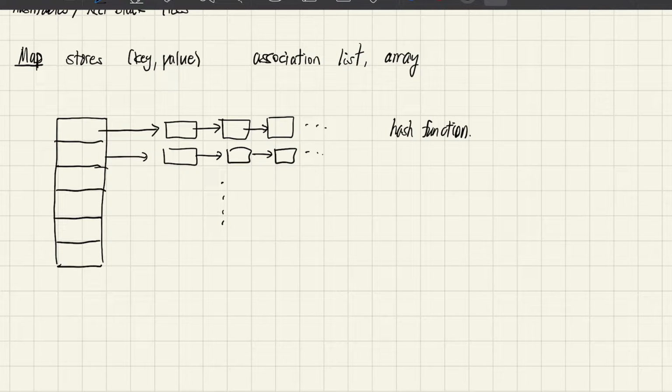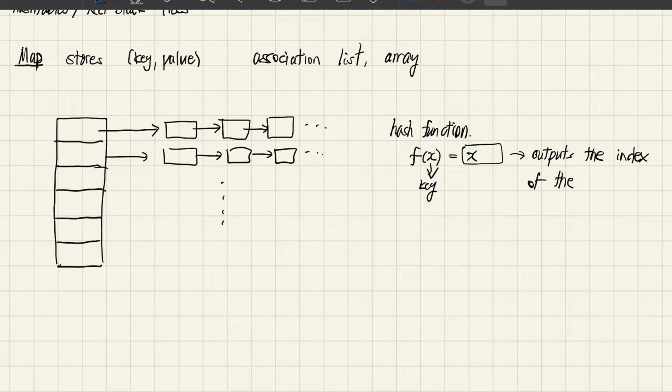What a hash function does is, it's like a regular function where it takes in a key, you do some operation, and it outputs the index of the bucket.